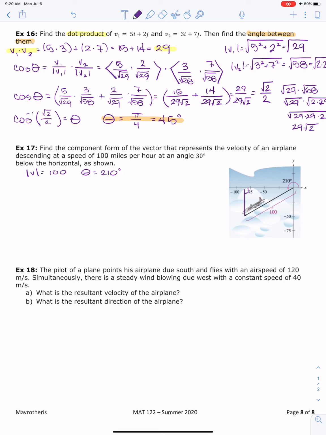So I am going to go back to top of page 7, where we want the component form of the vector in terms of magnitude and direction.